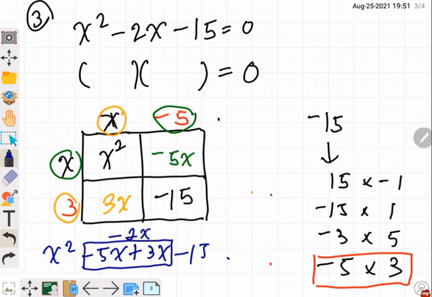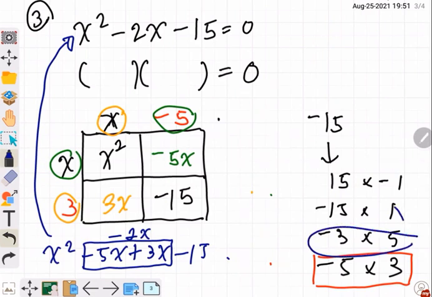If the result in this middle term is the same as the given, therefore the factors are correct. If the result in this middle term is not the same as our given, therefore we need to choose again from here, or simply we can just switch the signs.